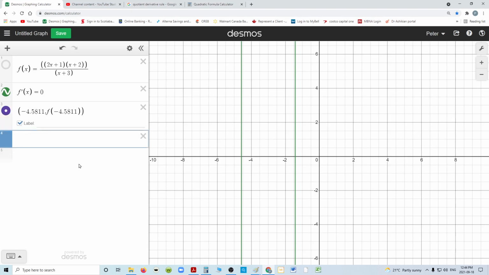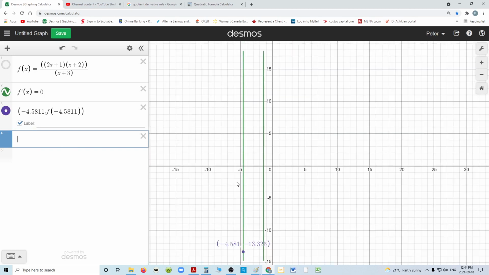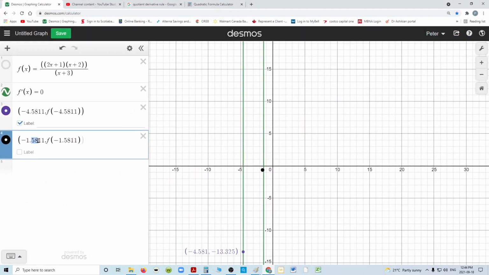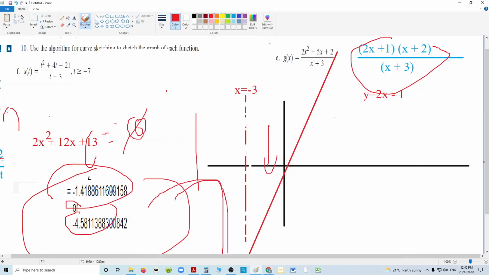So we're going to see, oh, it's going to be way down there, yeah. And I'm going to also do the negative 1.5811, comma f of negative 1.5811. And I don't think I got the number quite right. It's negative 41886. And I'm going to label that one. So we're going to find those on the graph as a max and a min. The question is, how do we graph it? Okay.